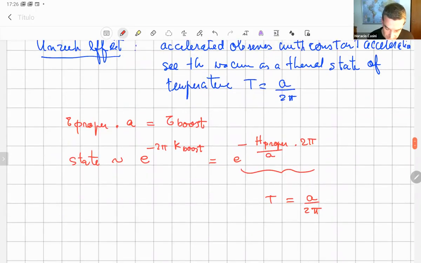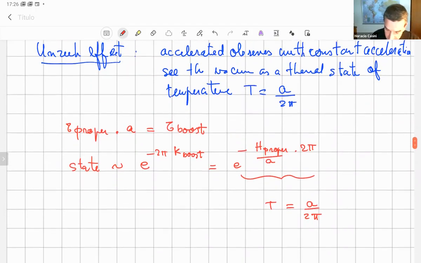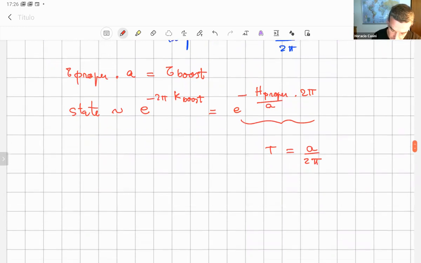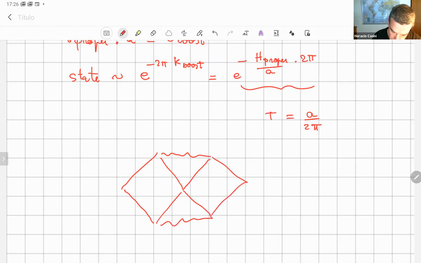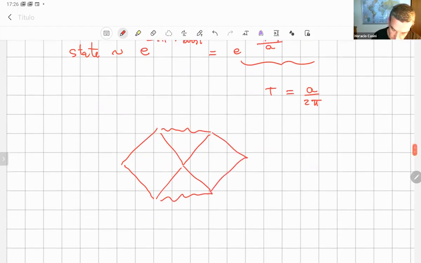And this is also related to the Hawking temperature, because if you have the space-time of a black hole, and you think of a state that is in equilibrium with respect to the Killing symmetry. The Killing symmetry looks like something like this here, geometrically.